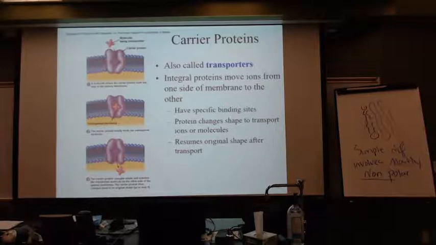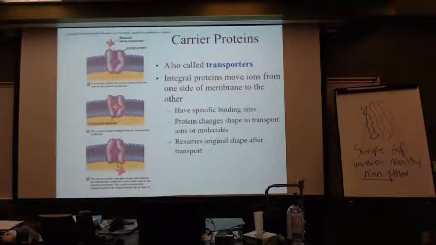they have specificity, meaning the material that needs to move through this protein needs to match the structure of the protein. It has to fit the protein.